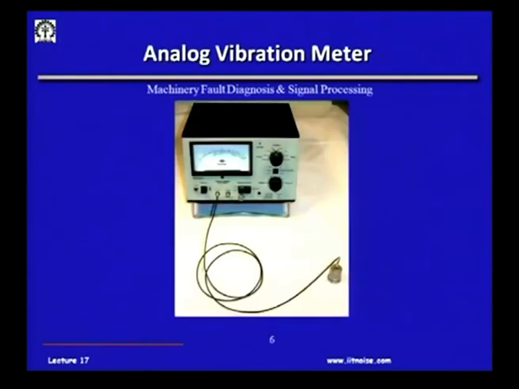But if you go to the earlier days, we had this analog vibration meter, and this is what it looked like. So, this is the accelerometer which I was just talking about. This is a uniaxial accelerometer. The piezoelectric crystal is inside this, okay, and this can withstand very high temperatures, may go up to about 200 or 300 degrees Celsius.